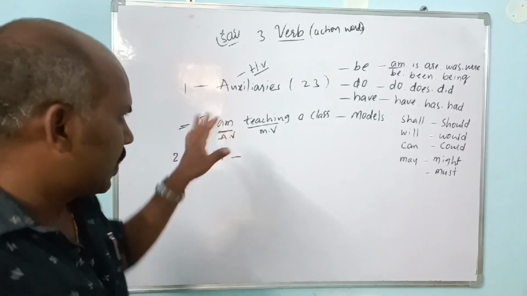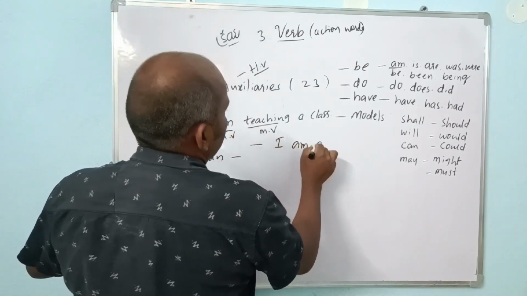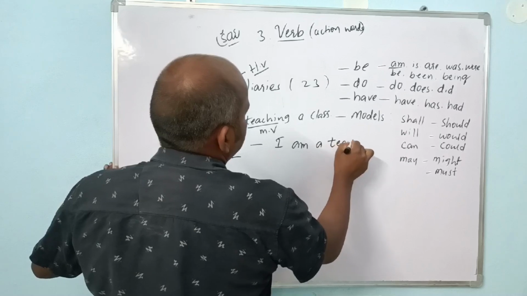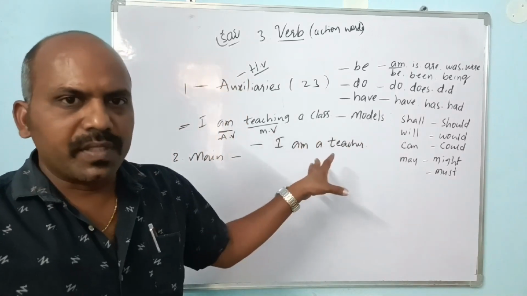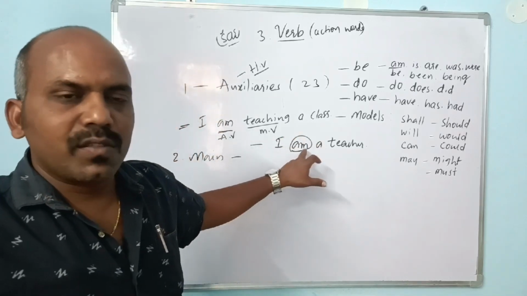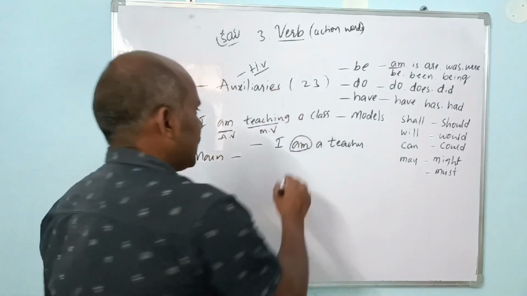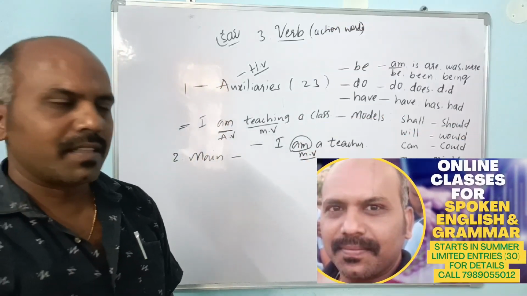And one more sentence: I am a teacher. Here, there is no main verb in this sentence, only am. Here, am is not an auxiliary. Am is treated as the main verb, right?